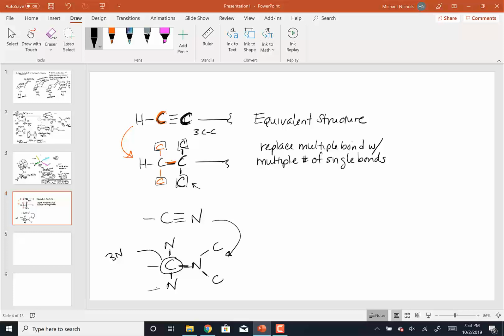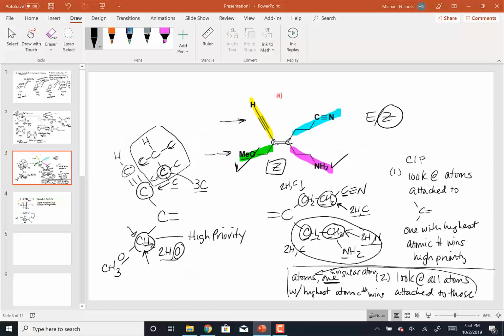These would be phantom nitrogens. So the whole idea here is that we use these Cahn, Ingold, Prelog sequence rules to judge these two groups as to which one has the higher priority, and these two groups which one has the higher priority, and then we compare the 2 high priority groups. They will either be cis, together, zusammen, Z, or they will be trans, across, entgegen, E. We'll get more into those.